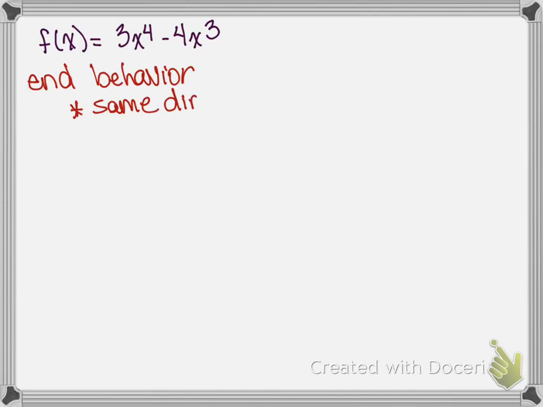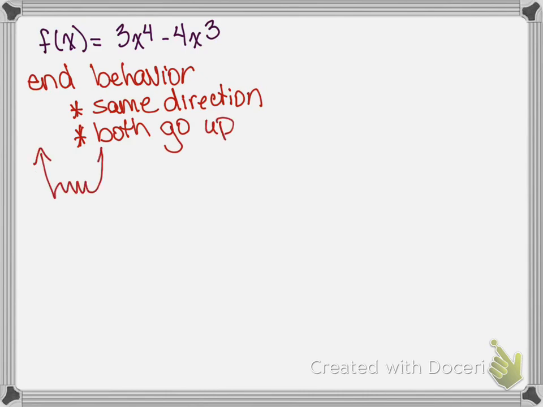We know that because the degree of this is the fourth power. My highest exponent is the fourth power. They both go up because my 3 is positive. So I am looking at something like this.